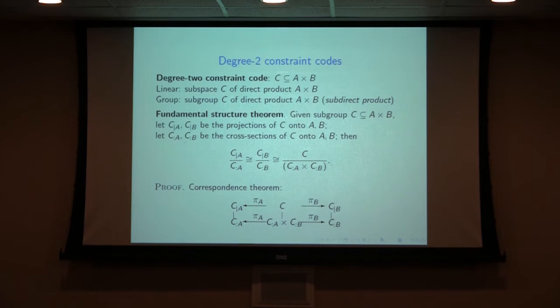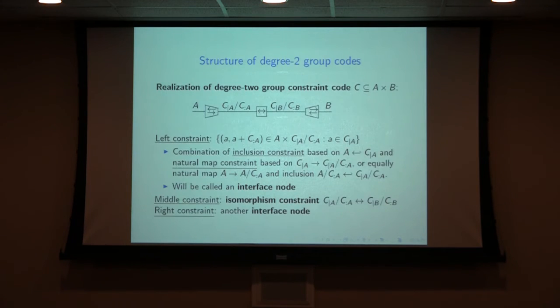All right, and the proof is by the correspondence theorem. I will assert to you this is easy and fundamental, but I don't expect you to follow the proof in general, just Sasha.